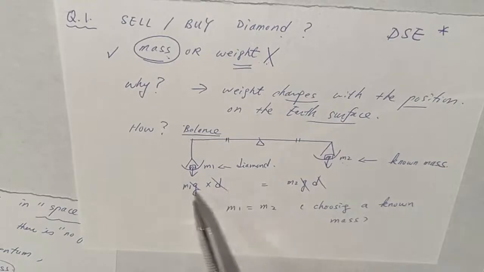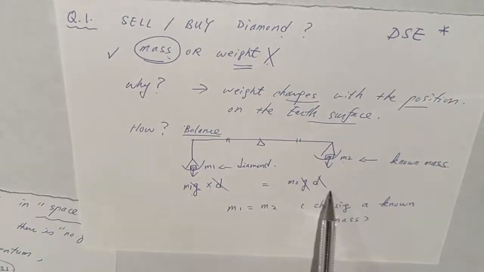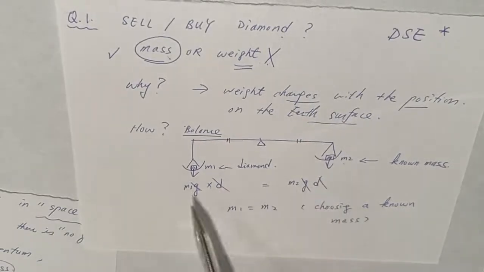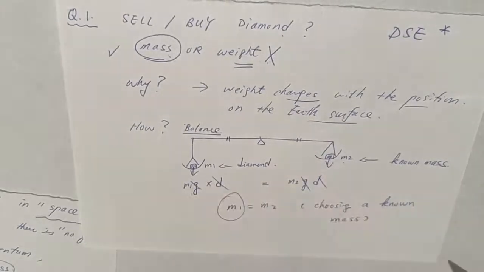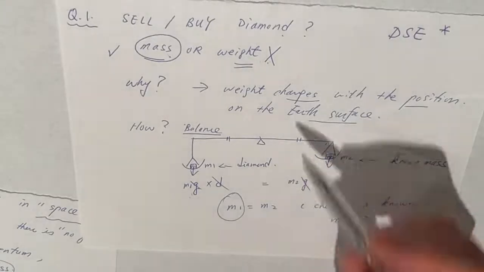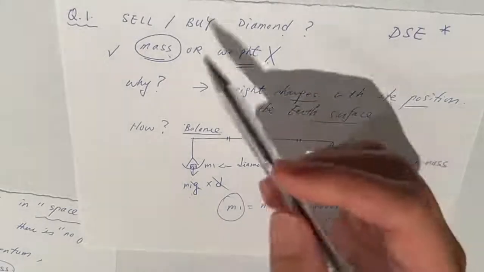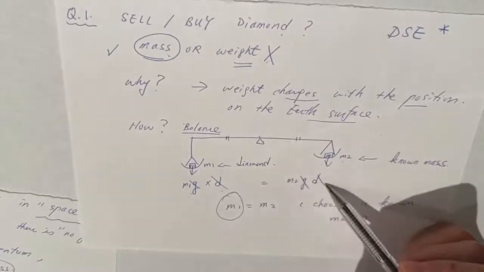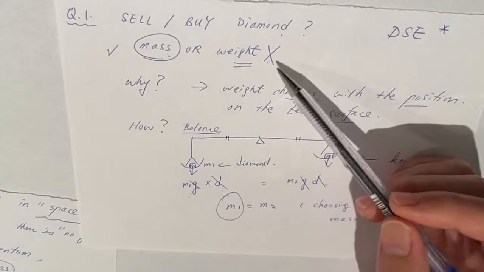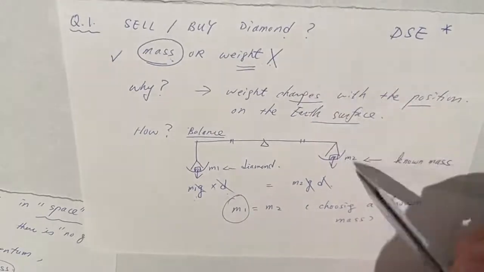By using the formula of the moment, we get the mass of the diamond on the left hand side. It's very simple. So if you have gravity, then we can use this method to find the mass of the diamond instead of using the weight of the diamond on the Earth's surface.